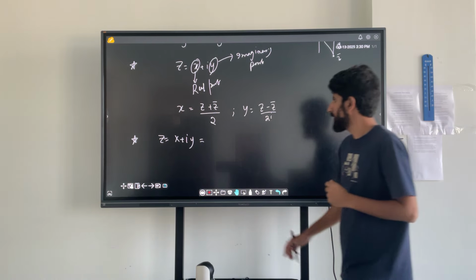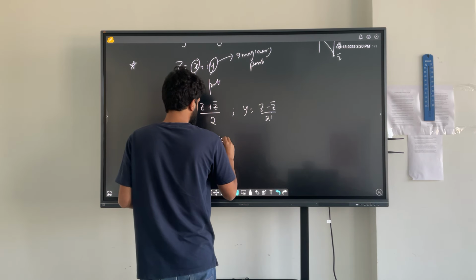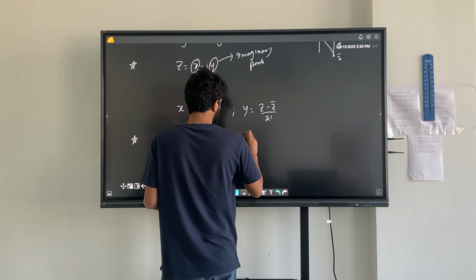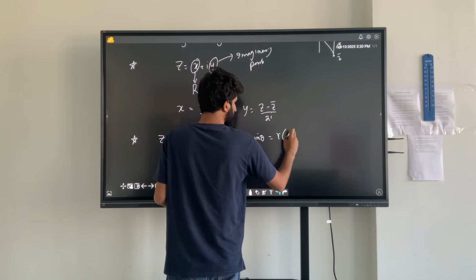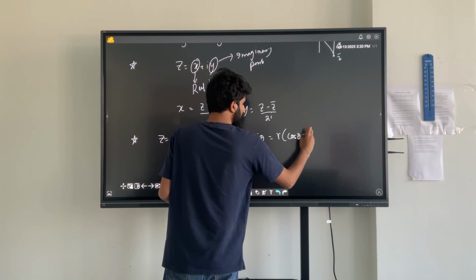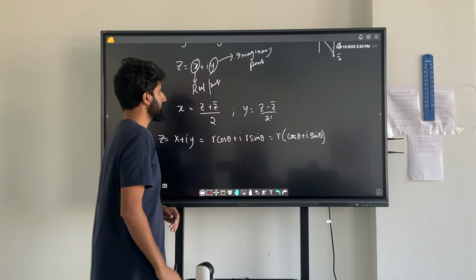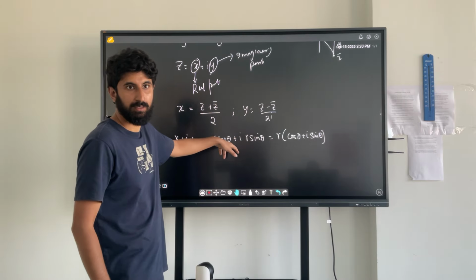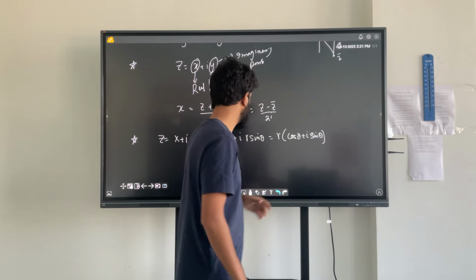So if I put x as r cos theta, y as r sin theta, I get r cos theta plus i sin theta. I just took r as common. r is basically mod z, the modulus of the complex number.